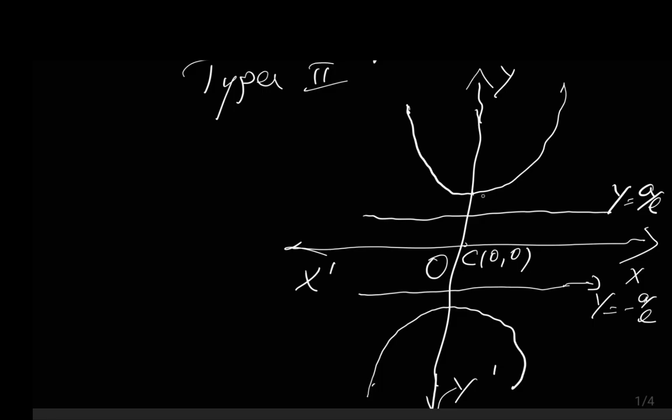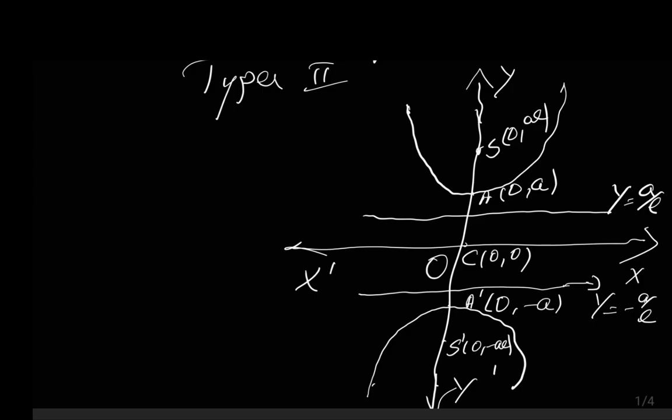Then in terms of small x and small y, we have to use the tabular column. Let me mark the center. A, positive side, negative side A dash. So 0 comma A, you will get x value 0. So 0 comma minus A. And then focus here S and S dash, 0 comma AE and 0 comma minus AE.